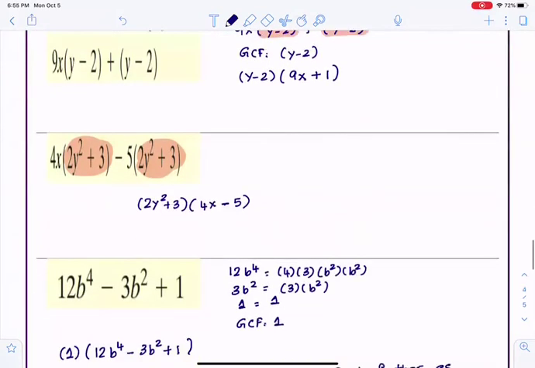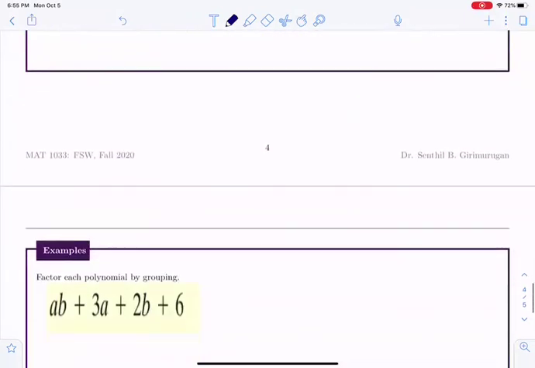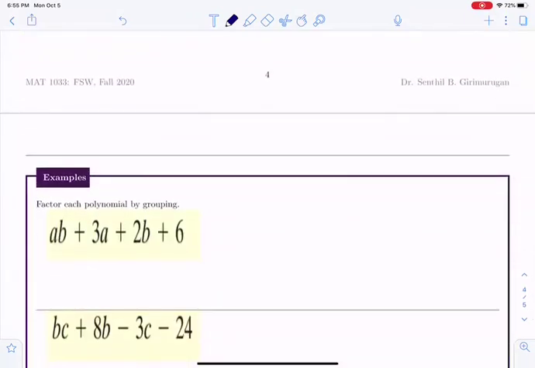I'll just pull it out. That's exactly what we're trying to do in grouping. So take the first two terms, AB plus 3A, and the last two terms, 2B plus 6.